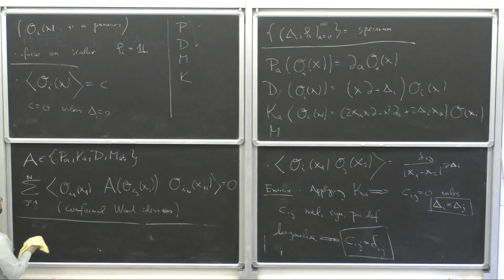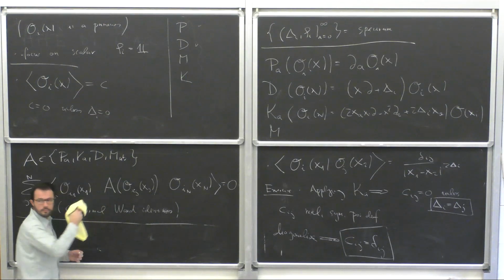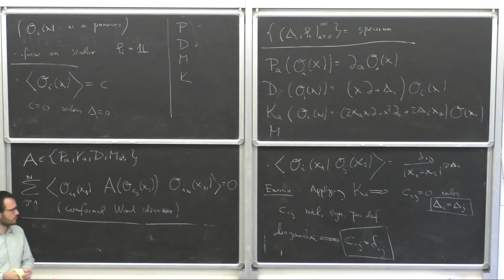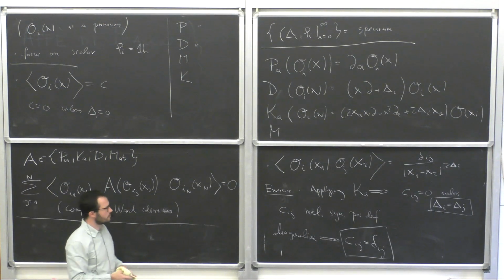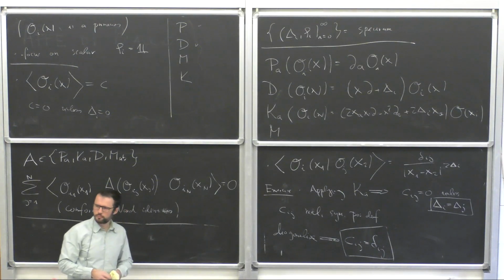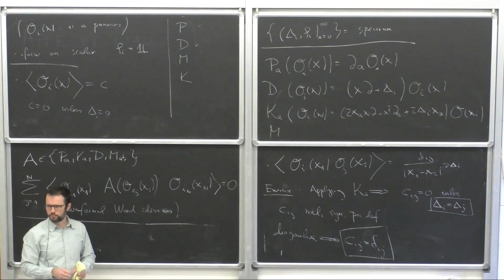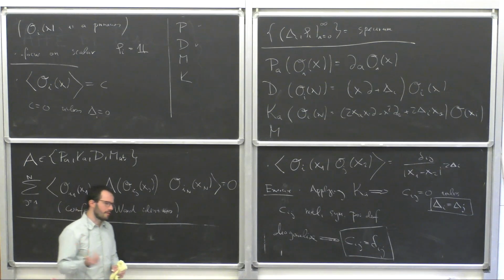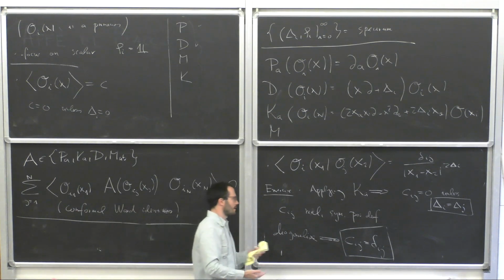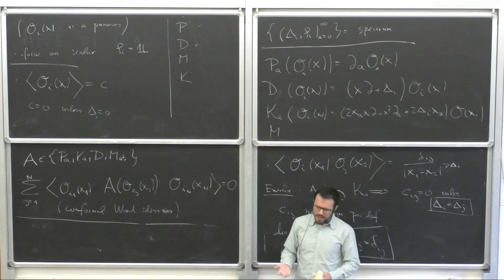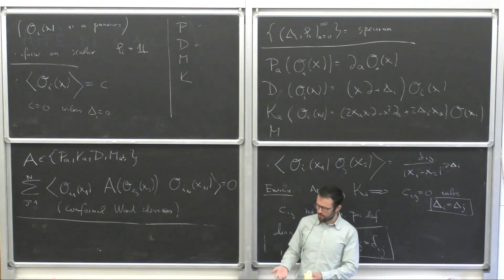Why is the second part necessary? Because if we just apply K, then we show that Cij is 0 unless delta is equal to delta j, so surely that must be enough to say that Cij is delta ij. Good. Why did I do it? Well, it's because there could be multiple operators with the same scaling dimension.